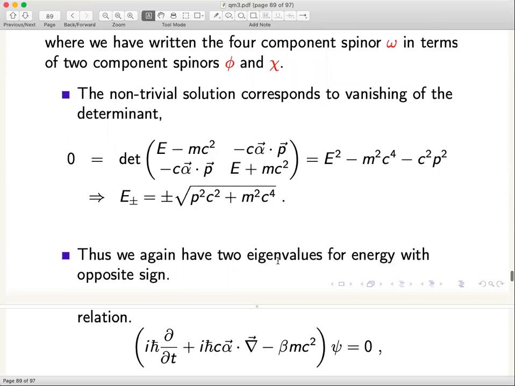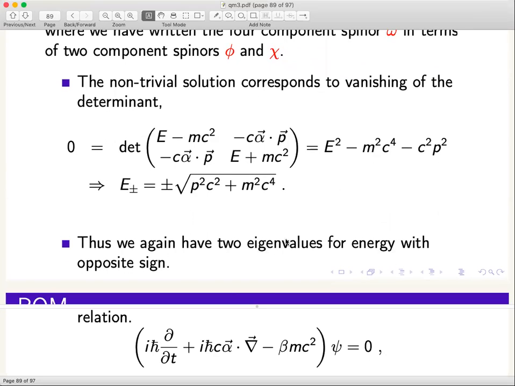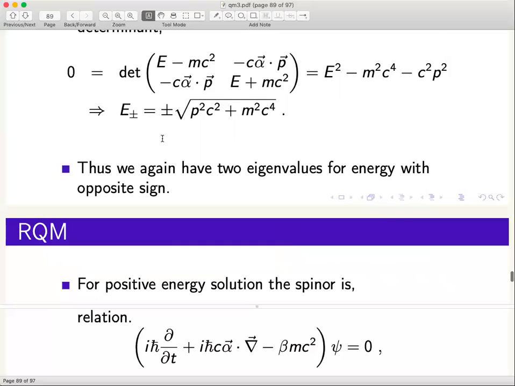So even the Dirac formulation does not help us get rid of the negative sign solution, and we have to essentially give an interpretation to what that negative sign is. We will probably not spend too much time on that because we know that the negative sign solution is actually an antiparticle solution. Antiparticle with positive energy is the same as the particle with negative energy. That is how this negative energy solution would be interpreted.